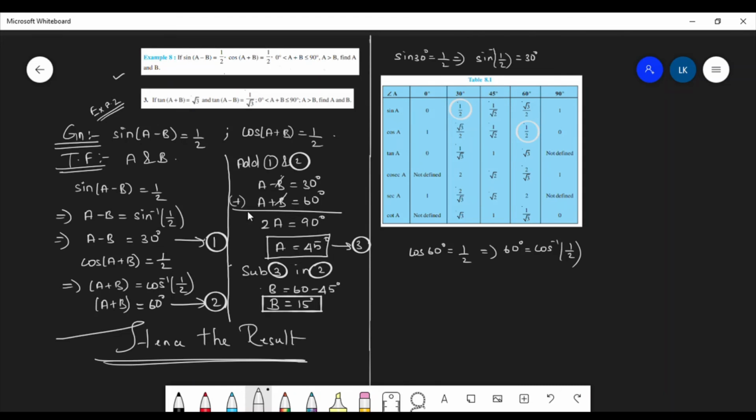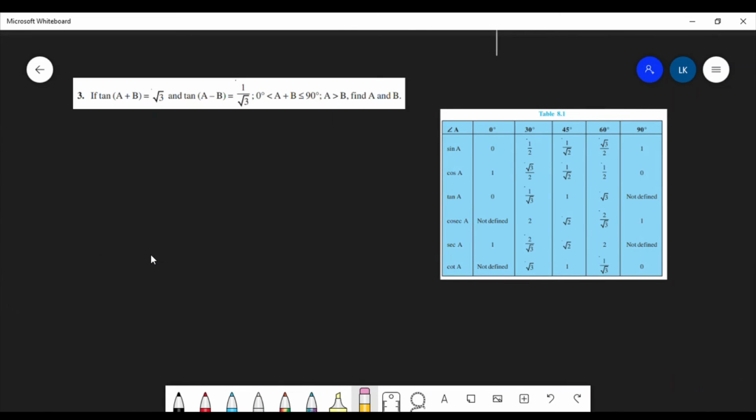Now, the third problem in exercise 8.2 is also a similar type of problem. Let us go to the problem. If tan(A plus B) is equal to root 3 and tan(A minus B) is equal to 1 by root 3, and if A plus B ranges from 0 to 90 degrees and A is greater than B, find A and B, which is the question.